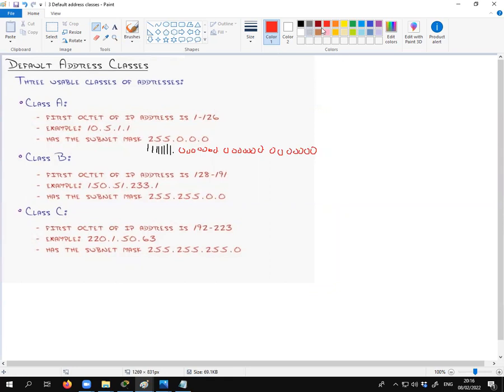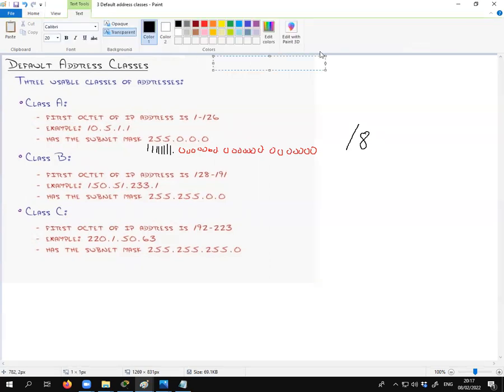Another term for that is /8. The /8 means that there are 8 network bits in the subnet mask. There are 8 ones, 1, 2, 3, 4, 5, 6, 7, 8. It's called CIDR notation. It's another way of writing your subnet mask.